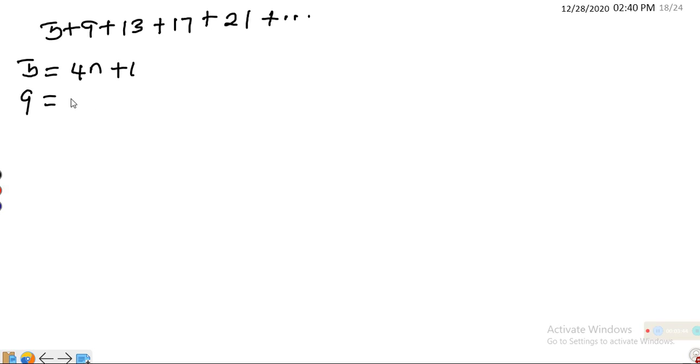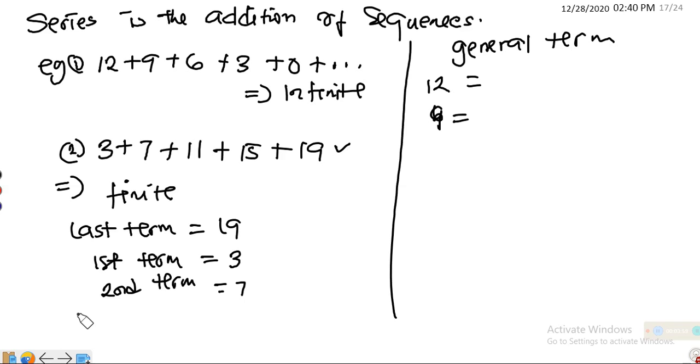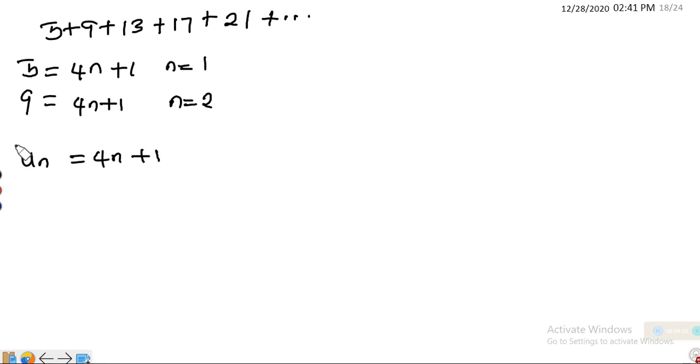Check: 4 times 1 plus 1 for n equals 1, and 4 times 2 plus 1 for n equals 2. So the un for this sequence is 4n plus 1. This is the nth term of the sequence.